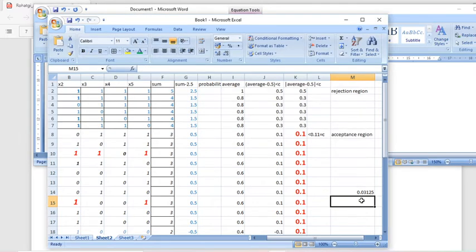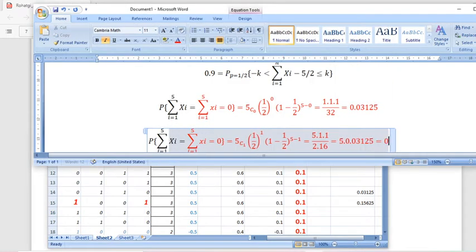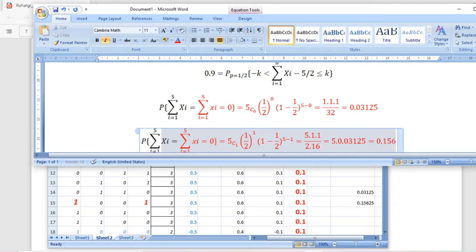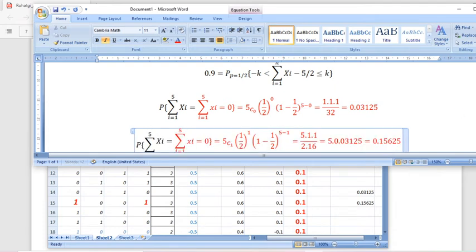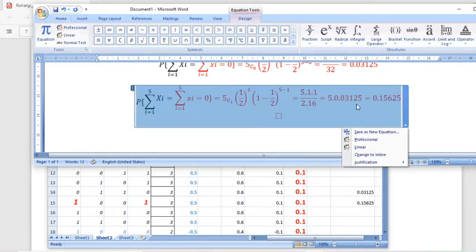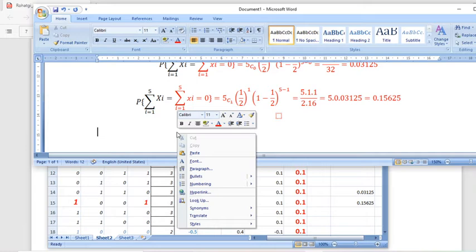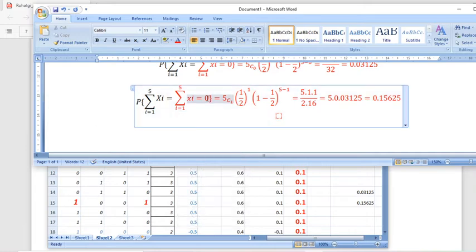What is the value? 0.15625. That is the value for summation x equal to 1.